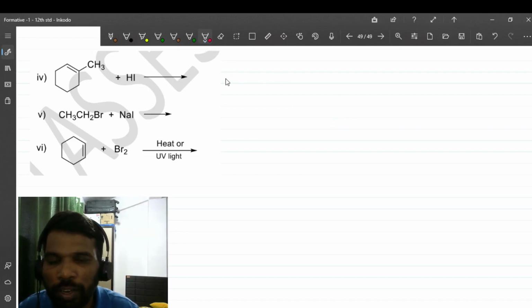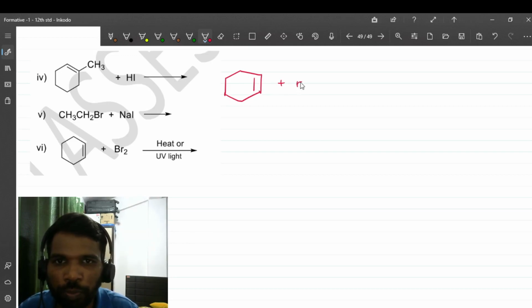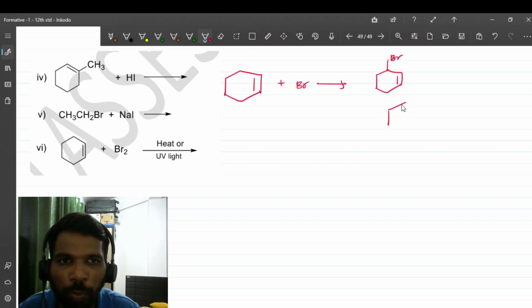Understand. See, free radical halogenation proceeds via formation of the free radical, right? So the possibility for this substitution is either this possibility, the Br will get substituted here, or other possibility that you can think of is this.